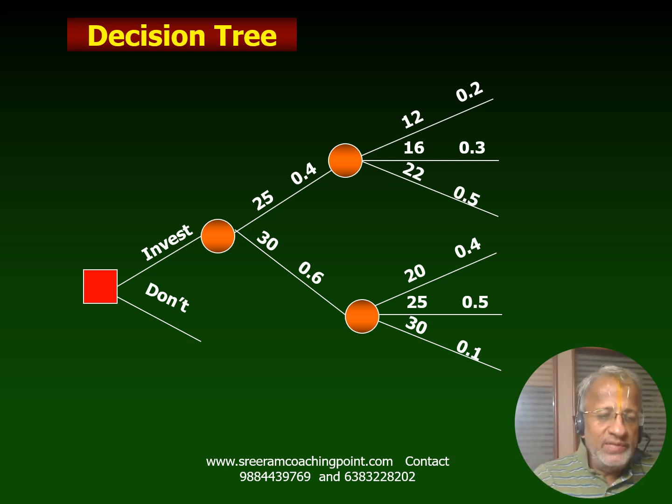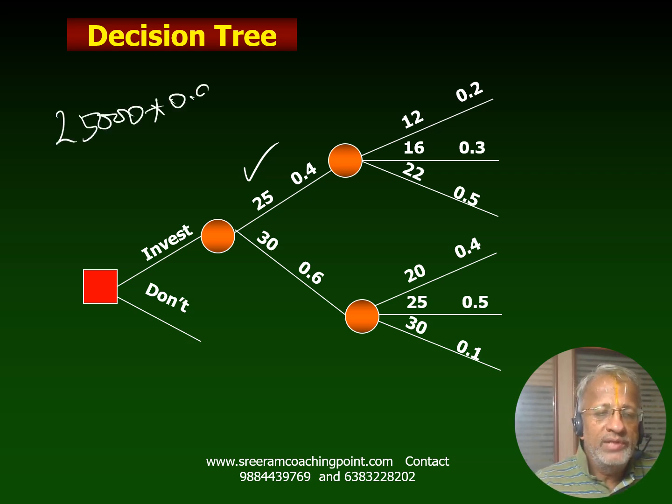So here is a place where I wanted to bring out a computation. I hope that all of you can easily follow. 25,000 multiplied by 0.909 and 12,000 multiplied by 0.826.